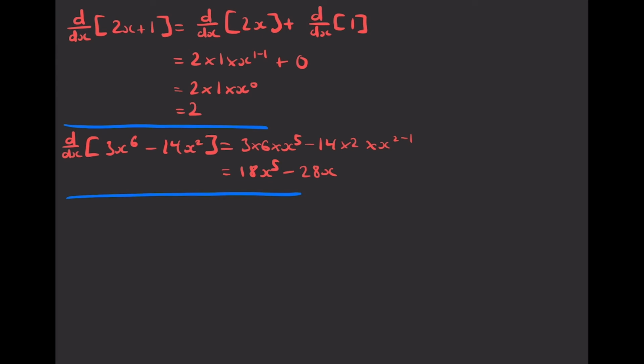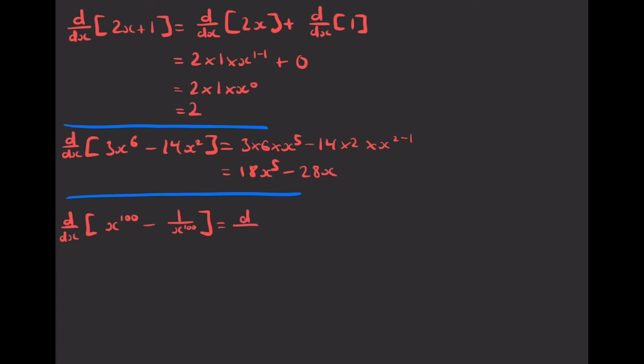Now let's try differentiating d over dx of x to the power of 100 minus 1 over x to the power of 100. We can write 1 over x to the power of 100 as x to the power of negative 100.